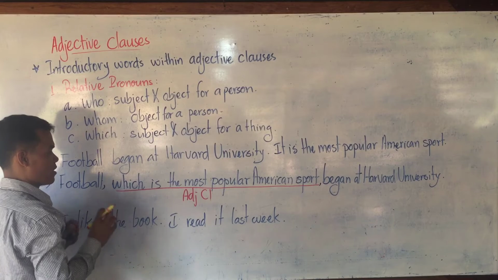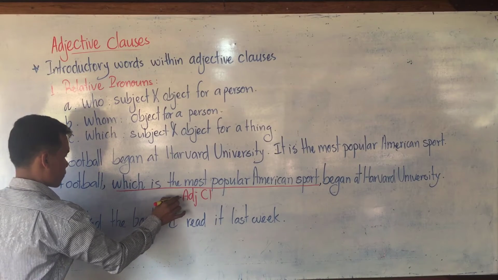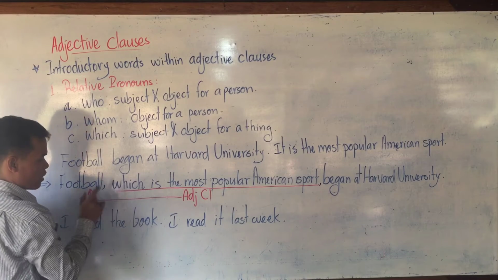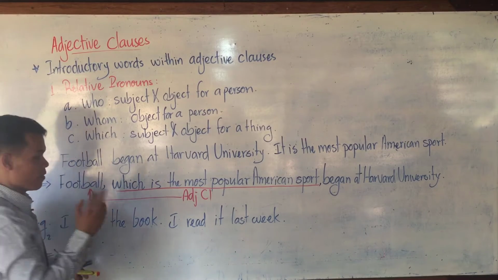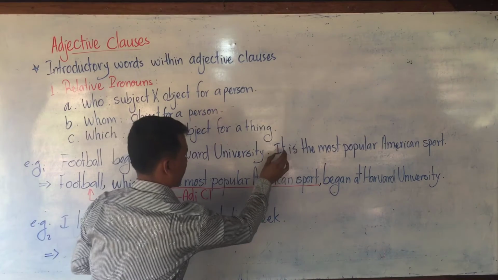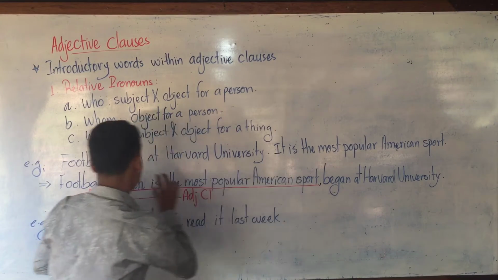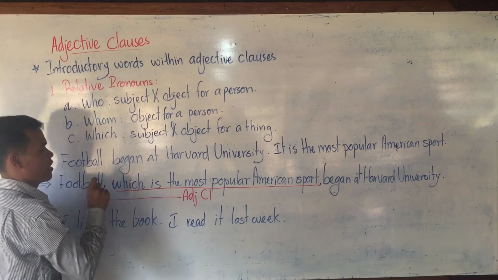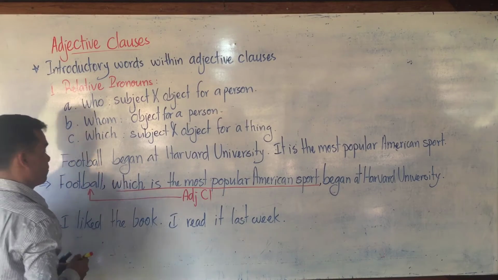Which noun does it modify? It modifies football. What is the function of which here? The root of the sentence is the subject, that's why which replaces it like this. So which is a subject in this sentence.